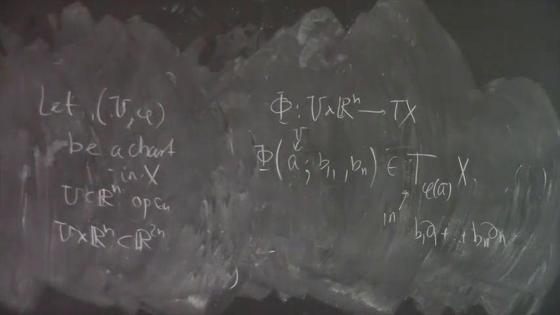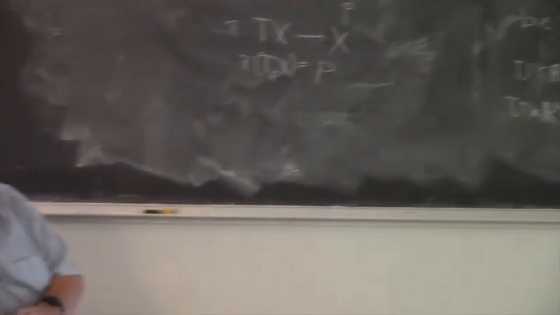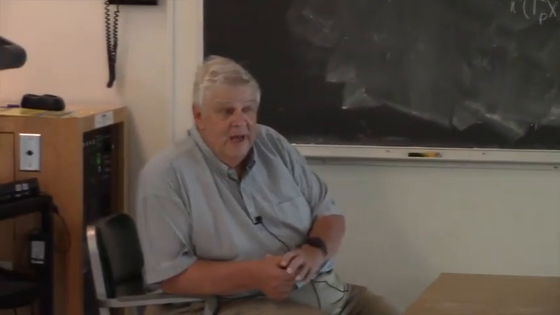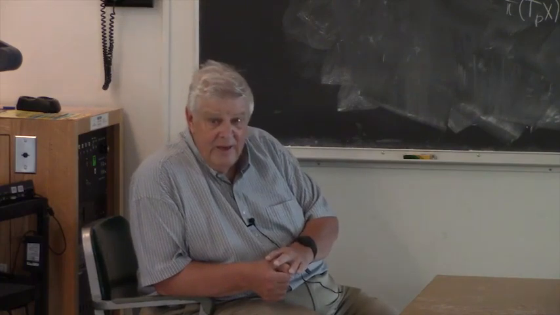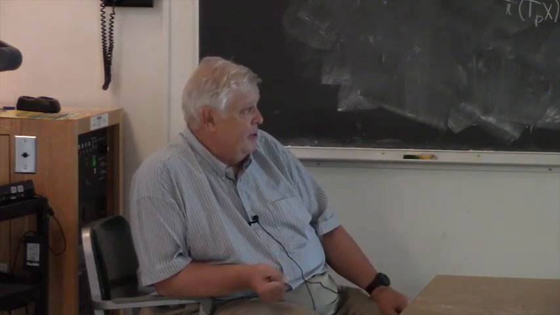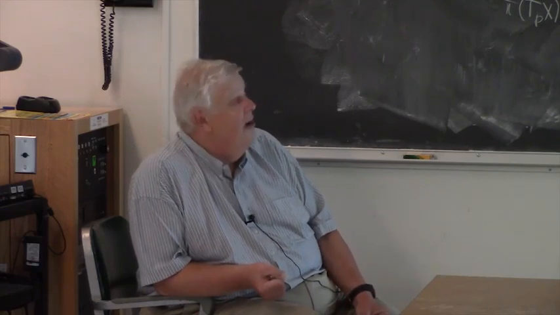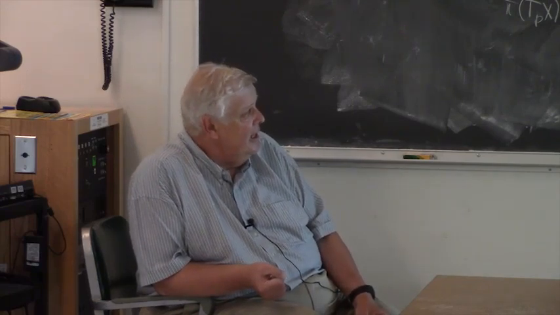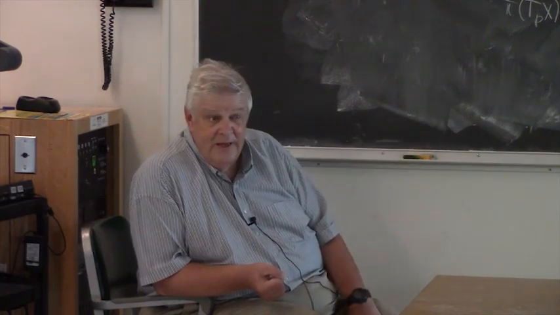As soon as we have a local coordinate system in X, a tangent vector is defined by a point in the domain in this local coordinate system, in the chart, and numbers. And we apply it to the point small phi of a, and at this point it is the linear combination, as every tangent vector, of d1, ..., dn with the given coefficients.